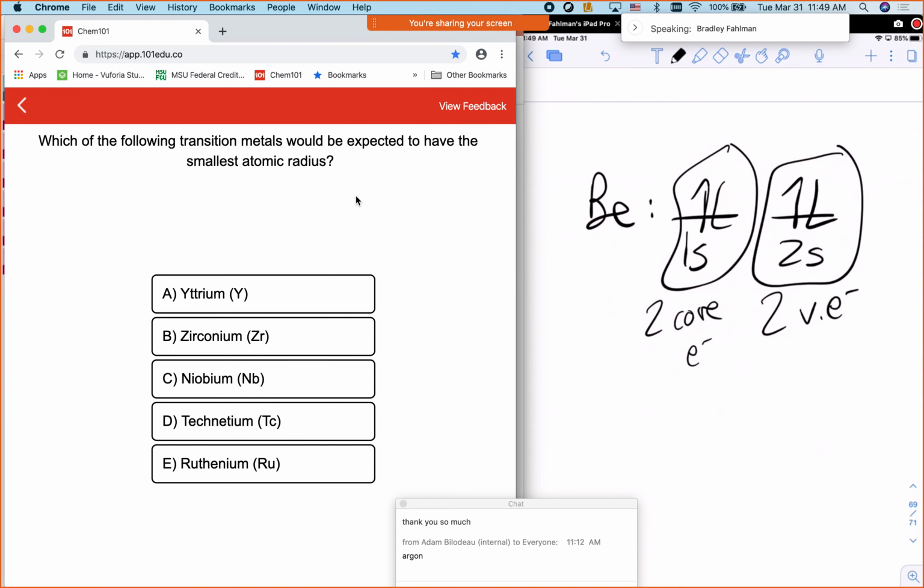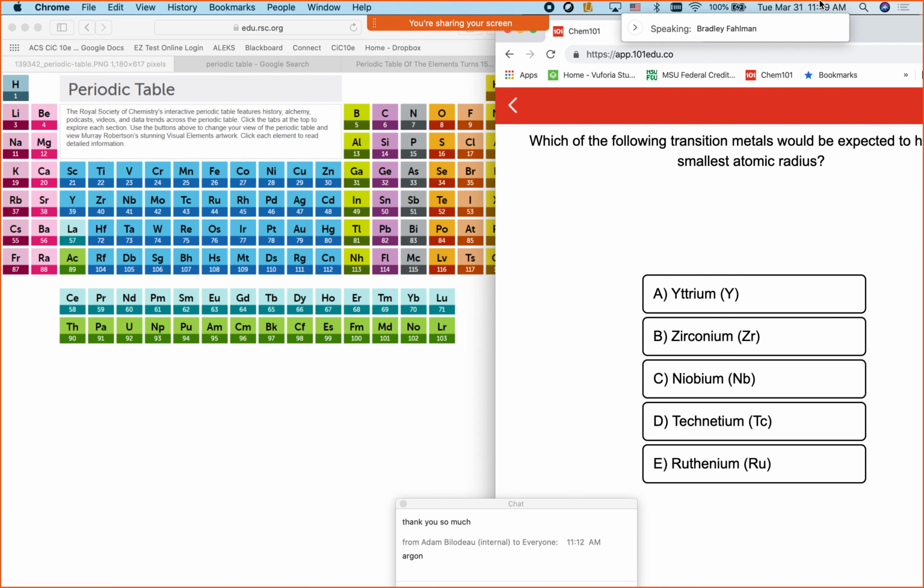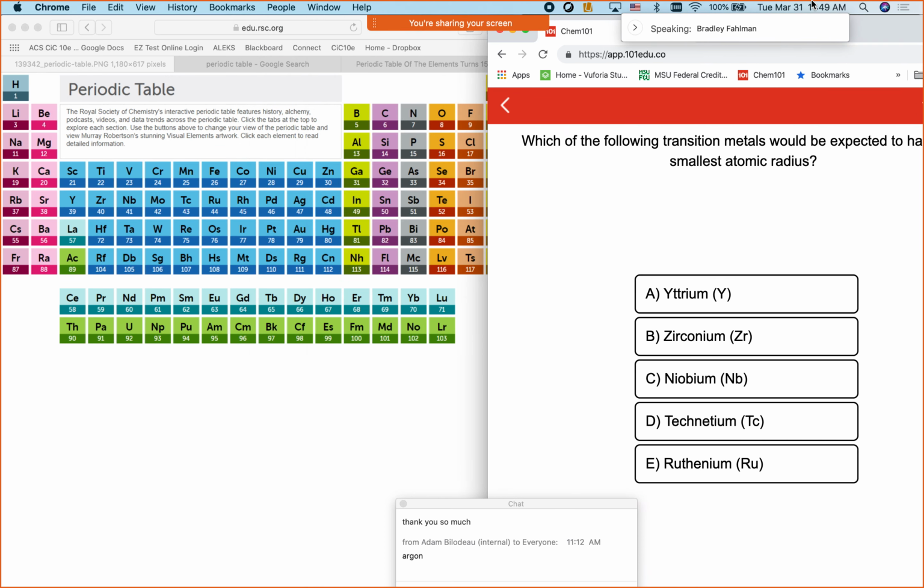So it's yttrium, zirconium, niobium, technetium, or ruthenium. These are your possibilities, and they're really in the same period.